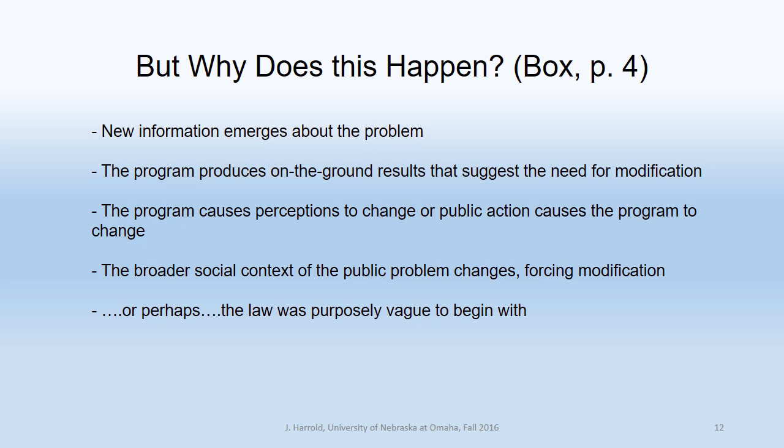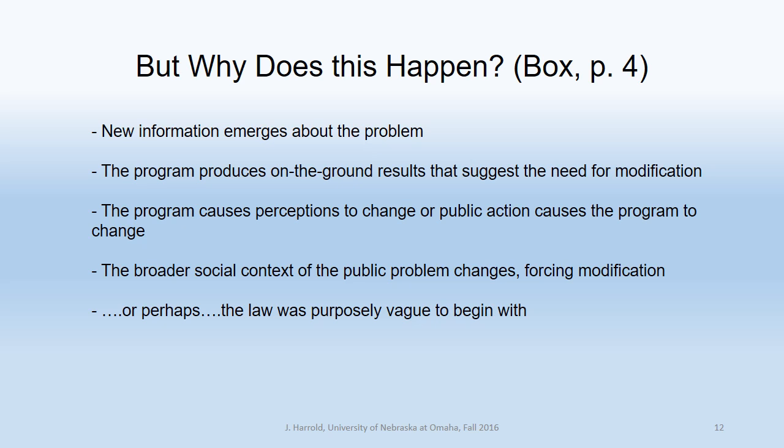What if we find out new information about the problem of homelessness in our city? We find out new information about who the homeless are, and that new information either supplements or contradicts the law that was written to cover the homelessness problem, for example.